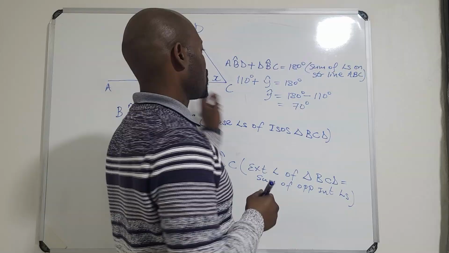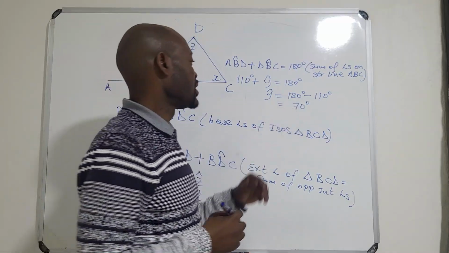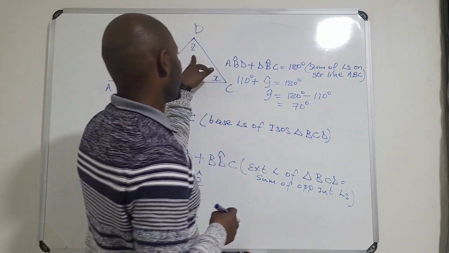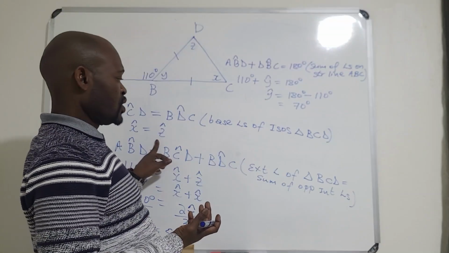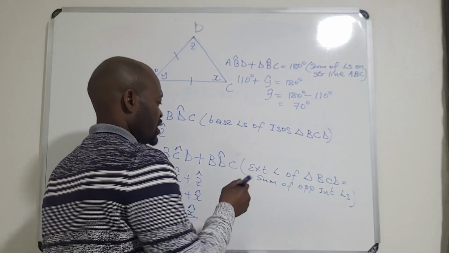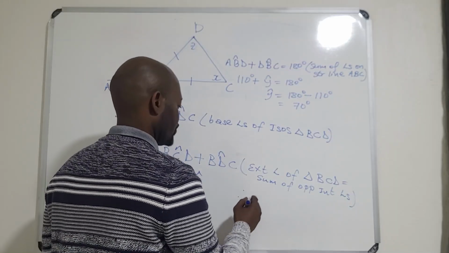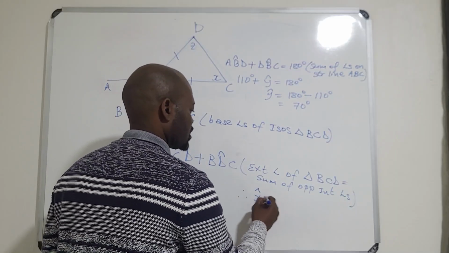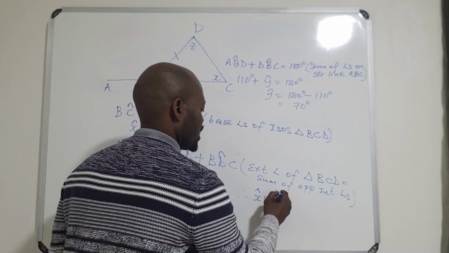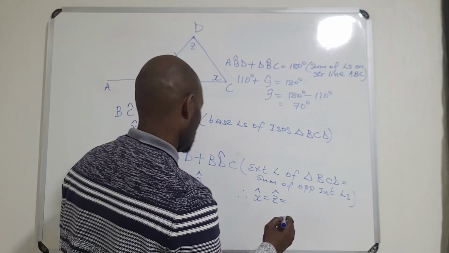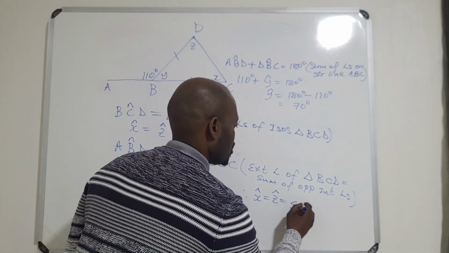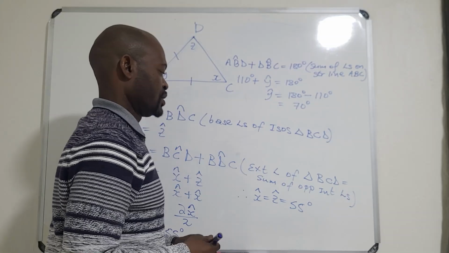Therefore, y is equal to 70 degrees. Now, our z is equal to x, so no need to even solve that. Therefore, angle x is equal to angle z, where angle z is also equal to 55 degrees.